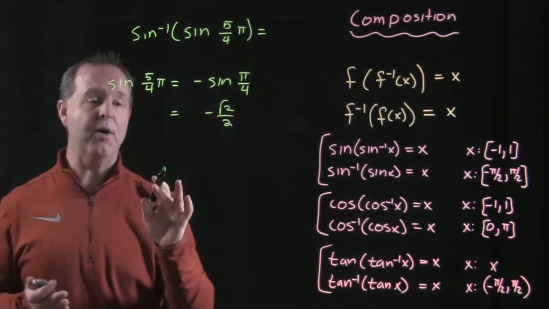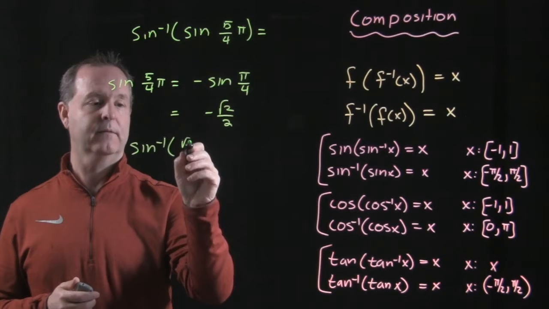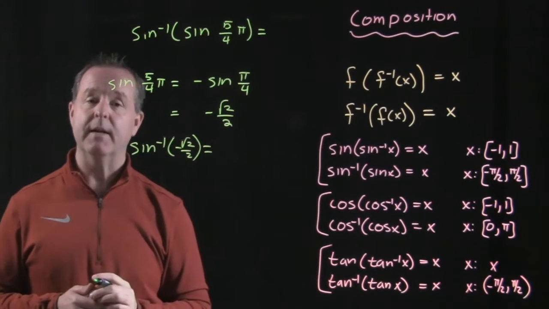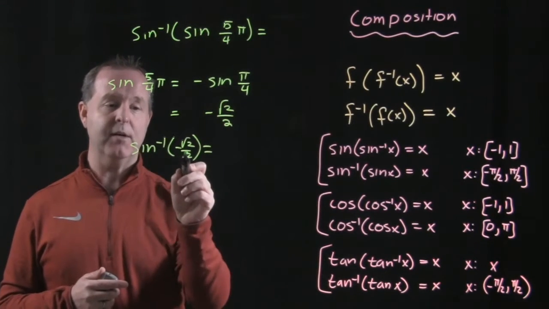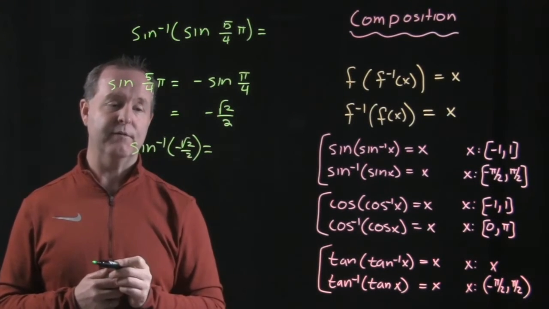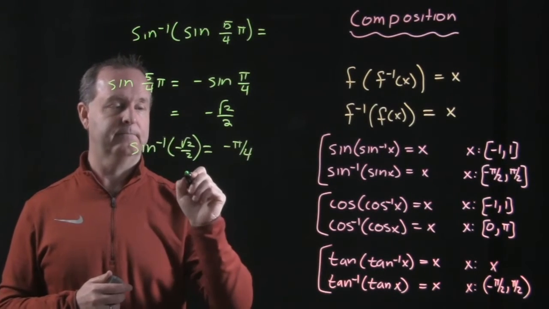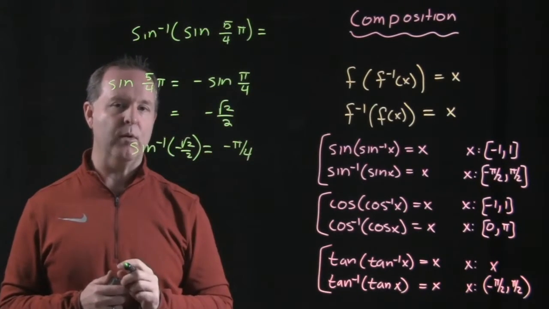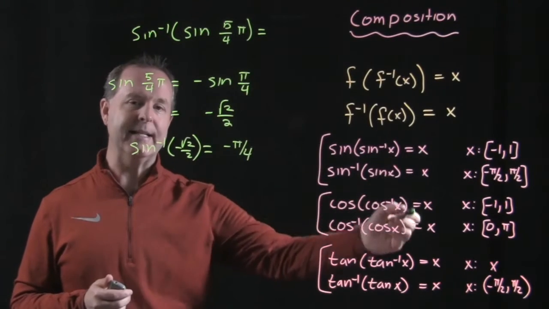I can take that value now and take the inverse of that. If I can remember its exact values or look at my chart to figure out the angle that produces this value, that was negative pi fourths. So when I look at some of these compositions, I have to pay attention right away to where its interval is.